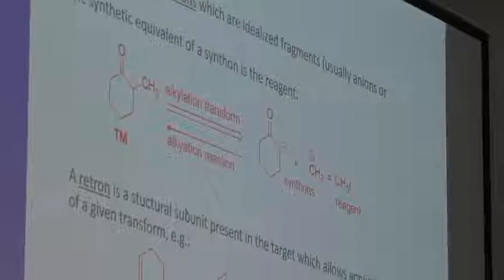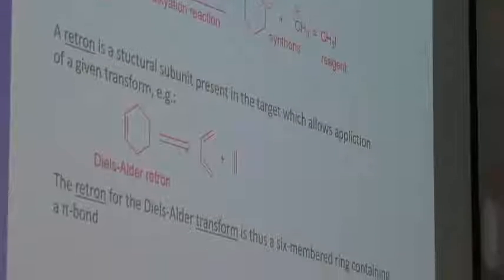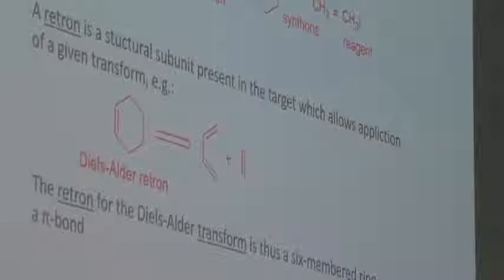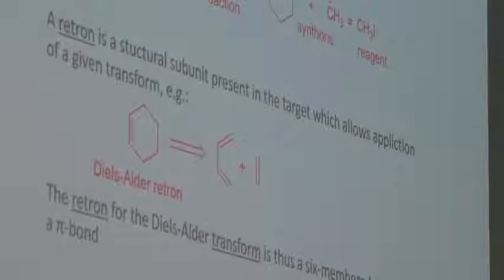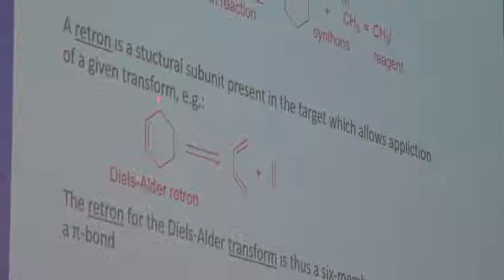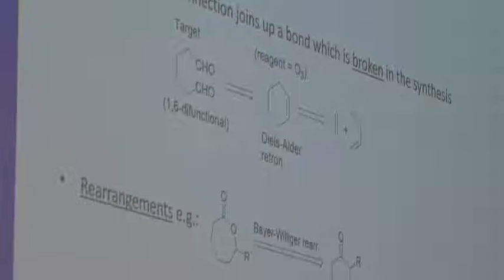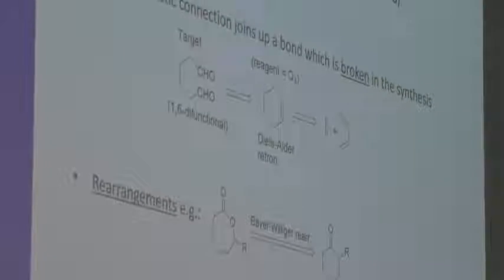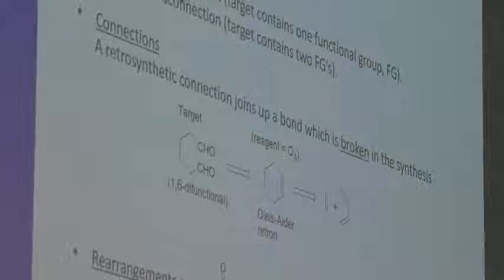A retron is a structural subunit present in a target which allows application of a given transform. The retron for the Diels-Alder transform is thus a six-membered ring containing a pi bond. This is just to show you that there are other types of transform, not only disconnections.